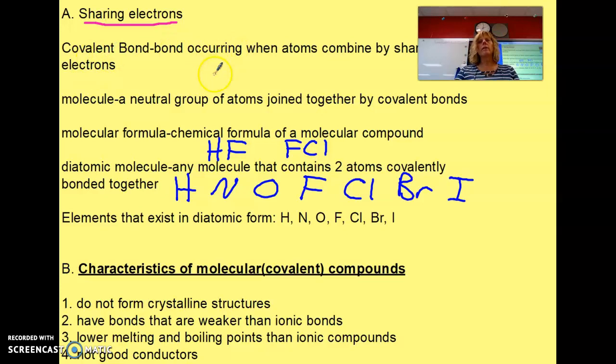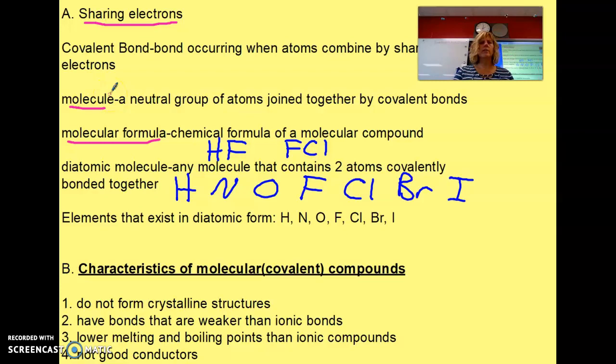So covalent bonding is always that sharing of electrons. We already talked kind of about these characteristics of covalent compounds. They don't form specific crystal structures and all of that. These are just, honestly, vocabulary words from the chapter that you'll need to know.